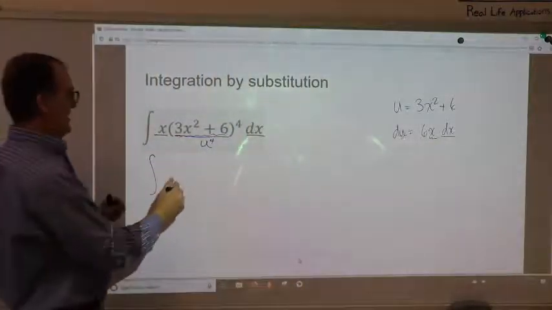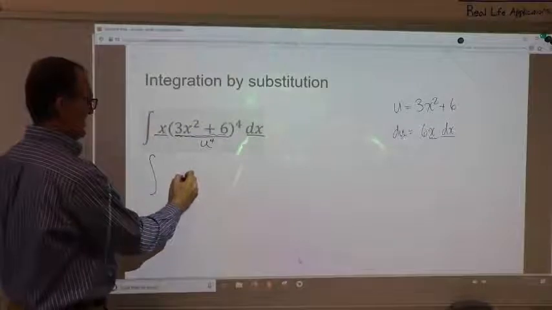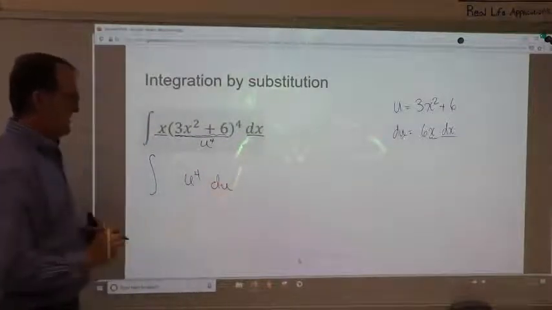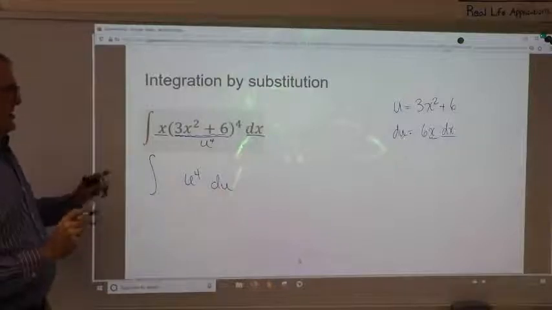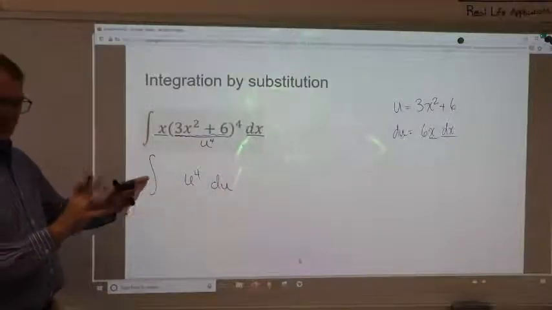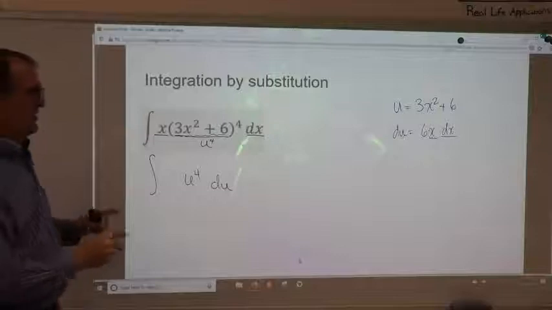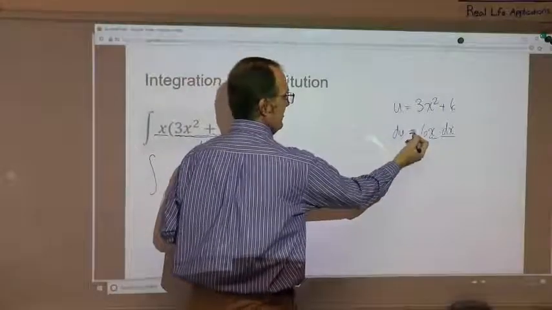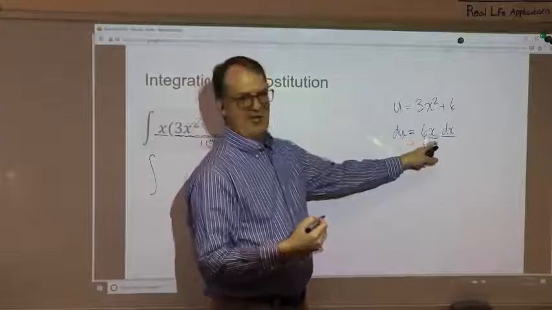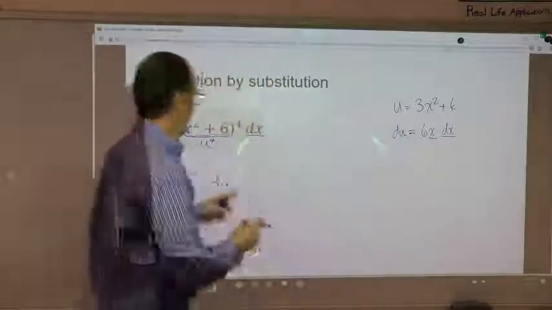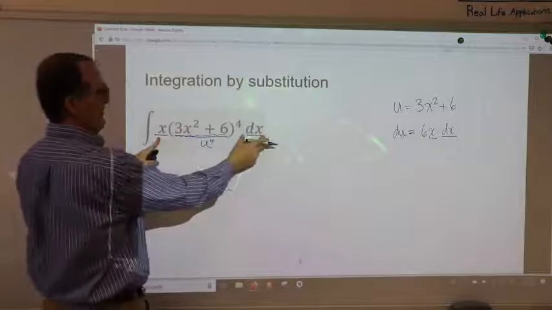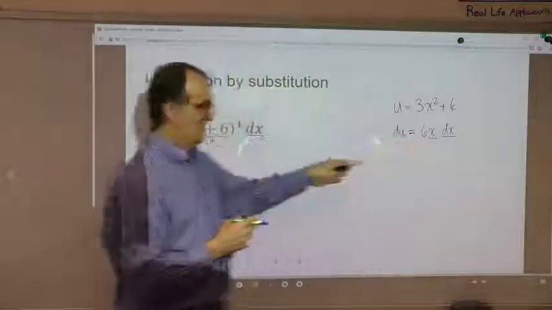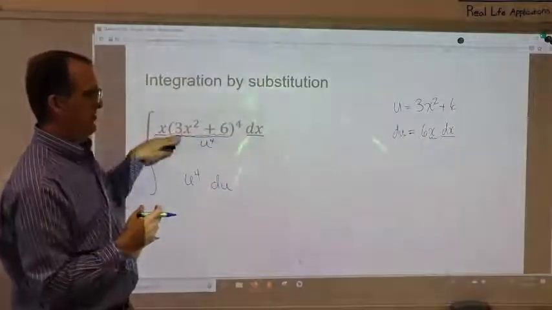So I'm almost able to rewrite this as u to the 4th power du. But there's one little problem. This du is equal to 6 times x dx. I've got my x, I've got my dx. I don't have 6 in here.